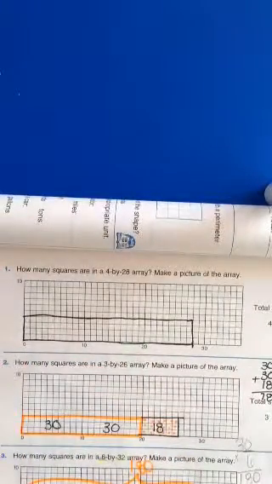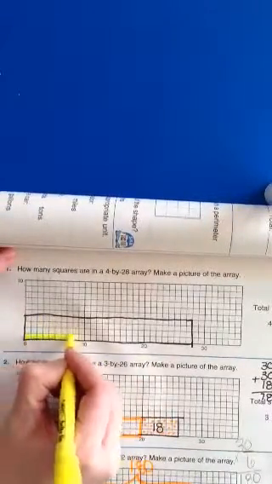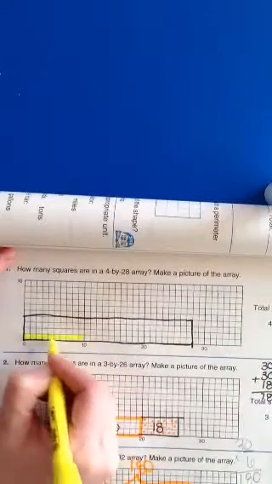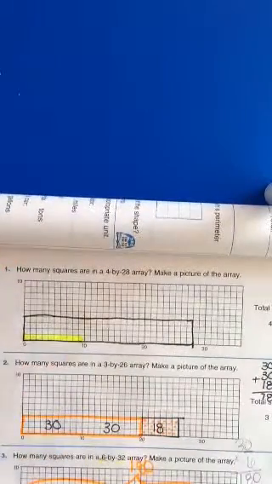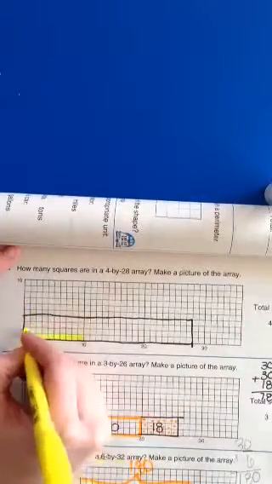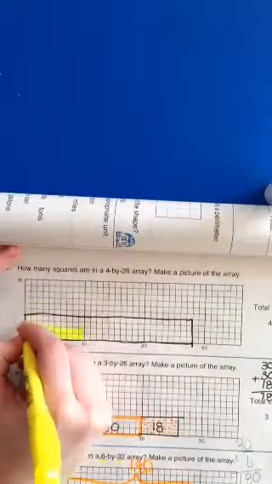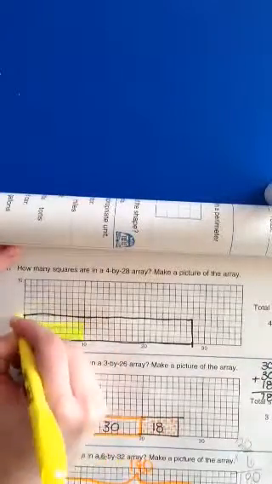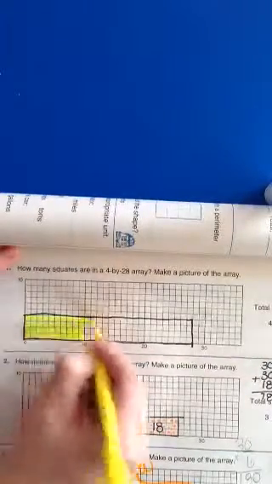The reason we used base 10 pieces today is because if you look at this, if we were to build this in real life with base 10 pieces, each one of these rows from 0 to 10 would be like one base 10 stick. So we could count 10, 20, 30, 40.